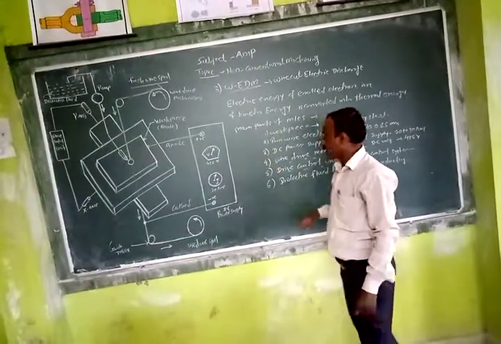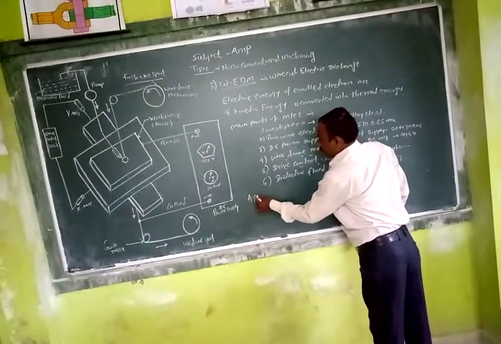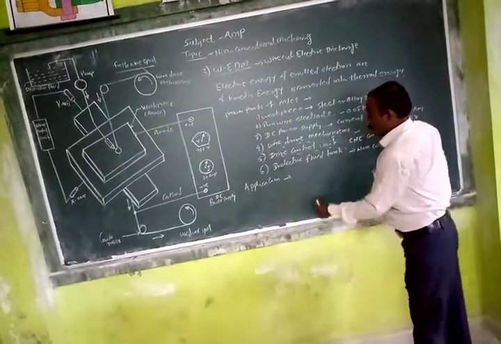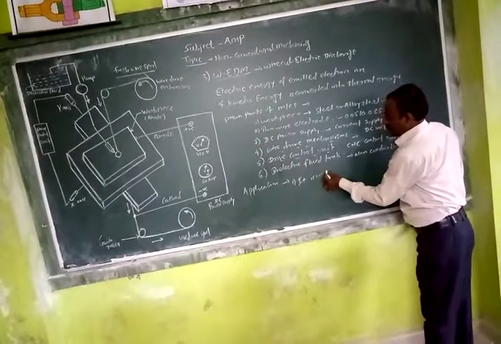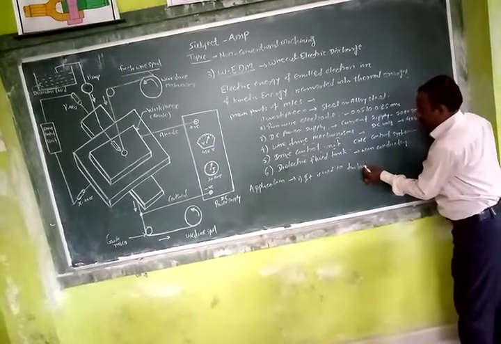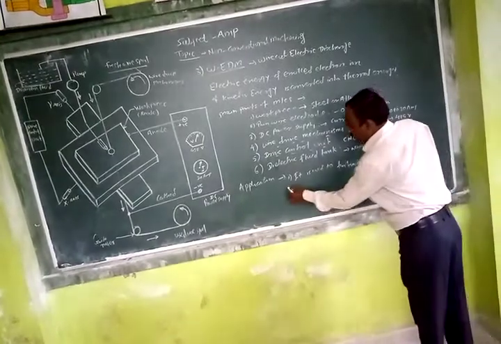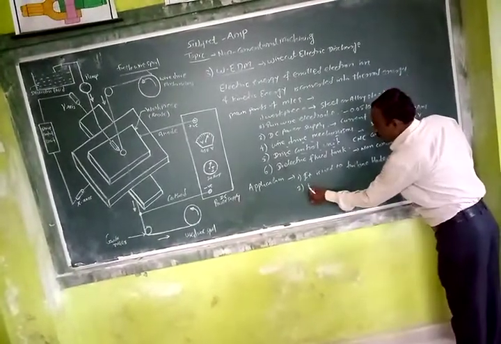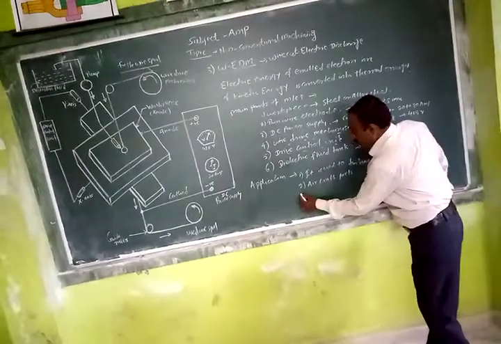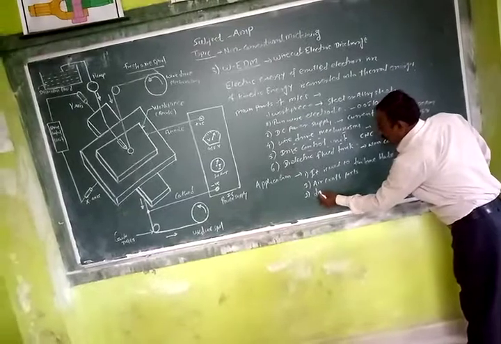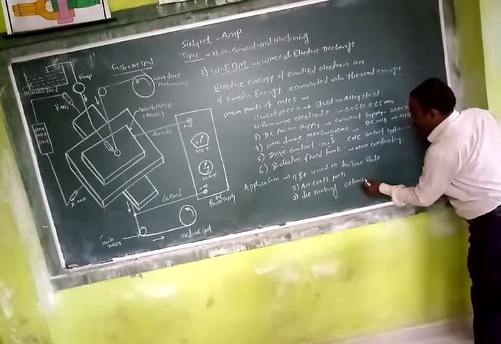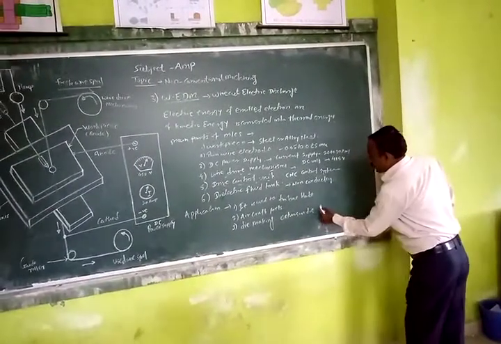Now, applications. This machine is used for manufacturing turbine blades in aircraft parts, and also in die making: extrusion dies and stamping dies.